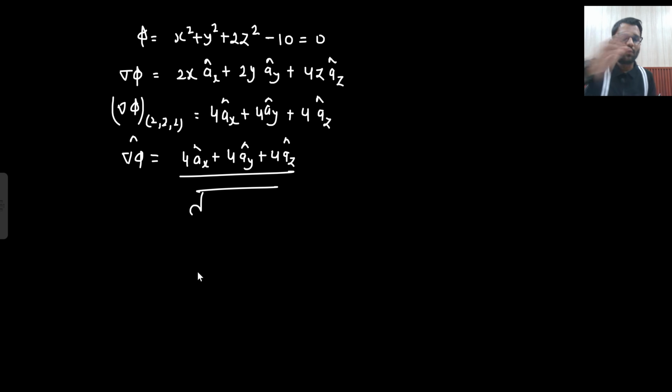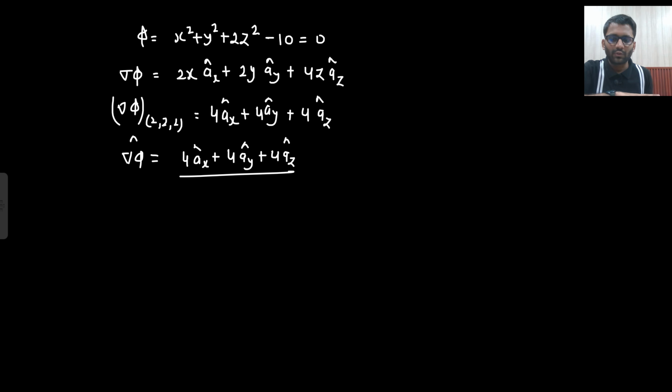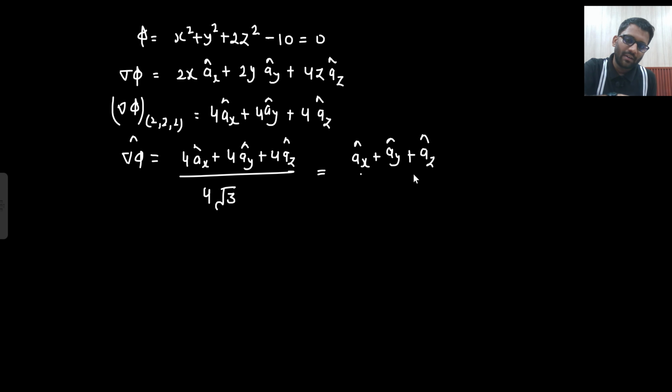What would that be? 4 square plus 4 square plus 4 square. So 4 square I can take common, 1 plus 1 plus 1, that would be 3. So 4 comes outside, into root 3. So what you get is ax cap plus ay cap plus az cap divided by under root 3. So that will be your del phi cap.